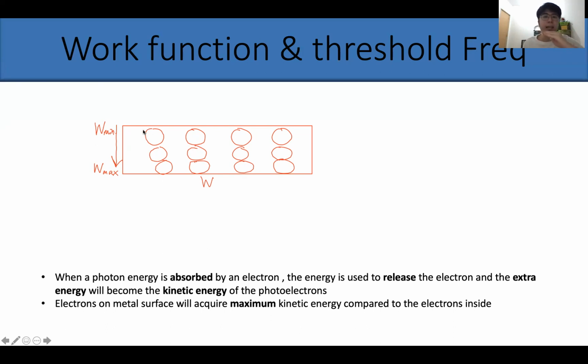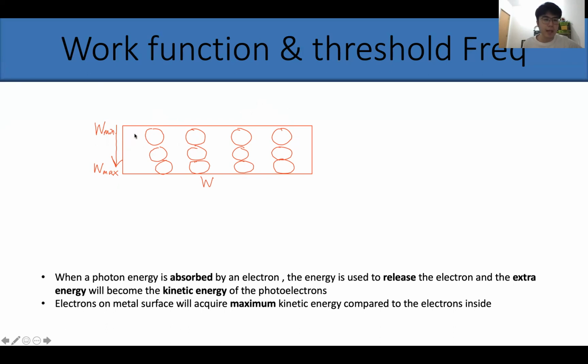Why? Because the layer closest to the surface is the easiest to emit the electrons, just like evaporation is easiest for the molecules at the surface of the water to escape compared to the ones at the deeper layers. Same concept here.